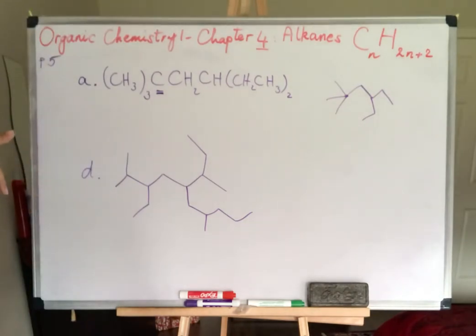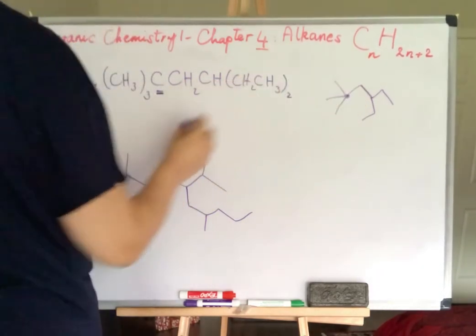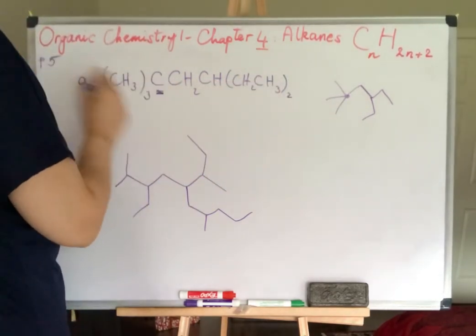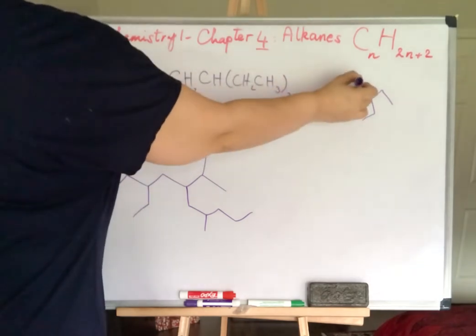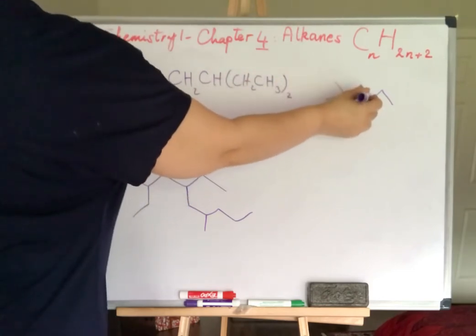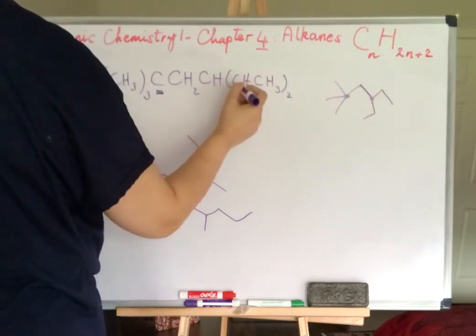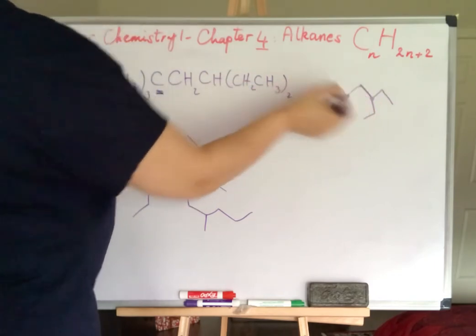So this is this carbon, then you have a CH2, second one, then the third one a CH. You don't see the hydrogens, right? Hydrogens are invisible. And then CH2, CH3 attached.